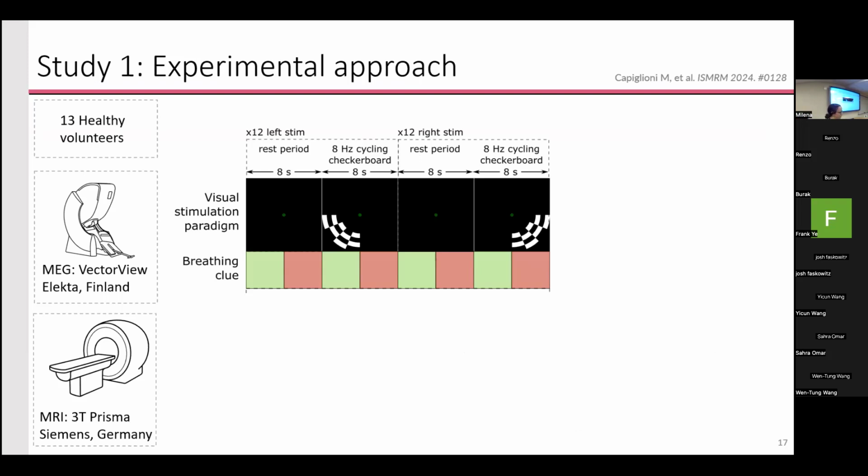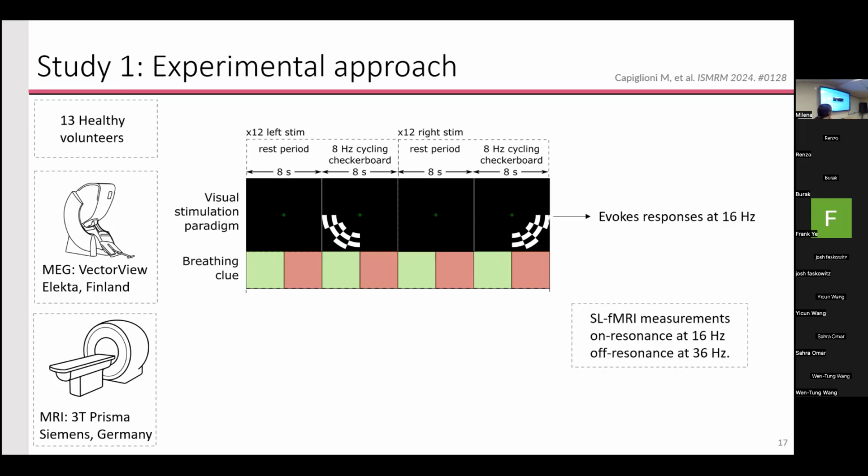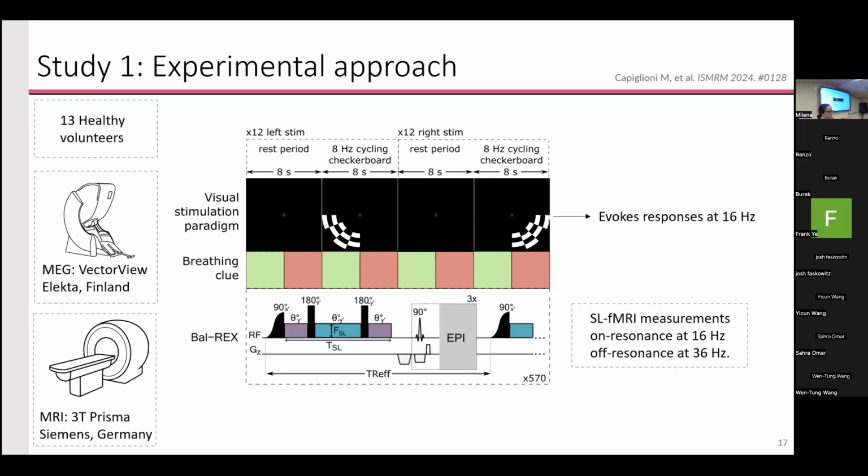After half of the experiment, we changed the side of stimulation to see if we could also localize the activity. We had a reading task to try to get rid of that artifact, and we saw from MEG that this clearly evoked responses at 16 Hertz, so that's the frequency that we target with the spin lock preparation.